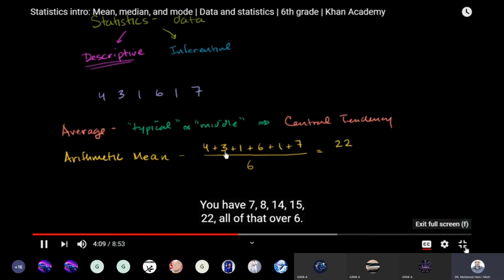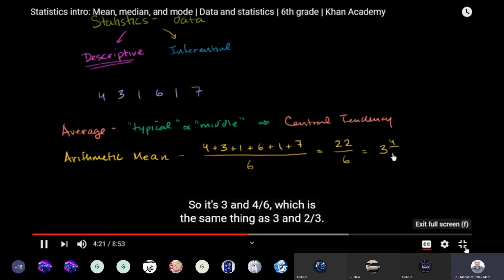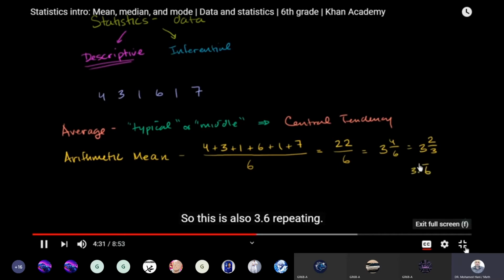We'll do that one more time. You have 7, 8, 14, 15, 22. All of that over 6, and we could write this as a mixed number. 6 goes into 22 3 times with a remainder of 4. So it's 3 and 4/6, which is the same thing as 3 and 2/3. We could write this as a decimal, 3.6 repeating. So this is also 3.6 repeating.